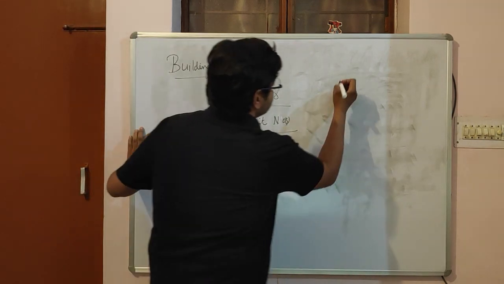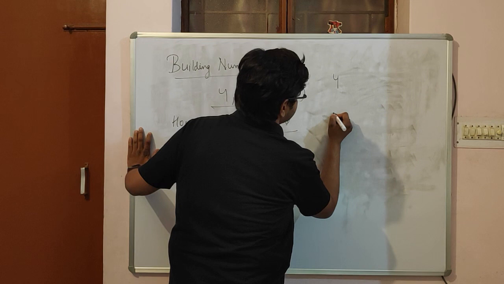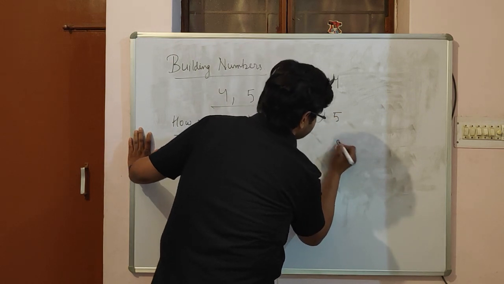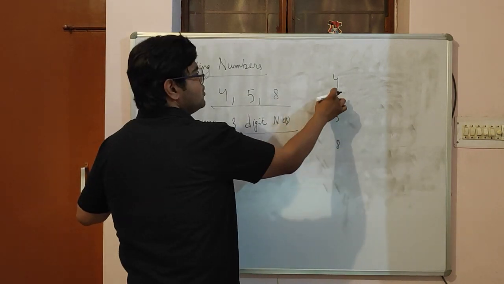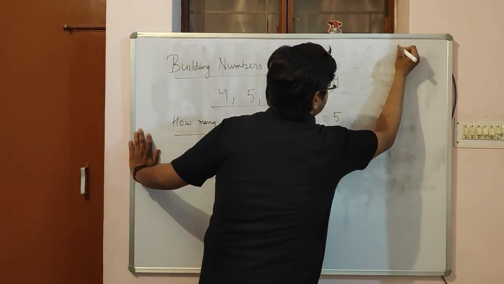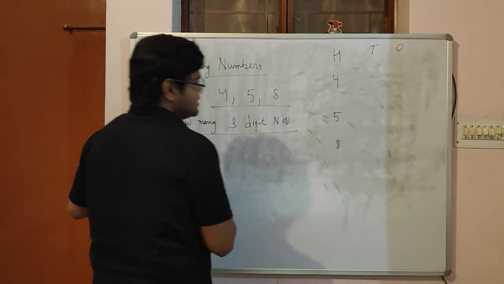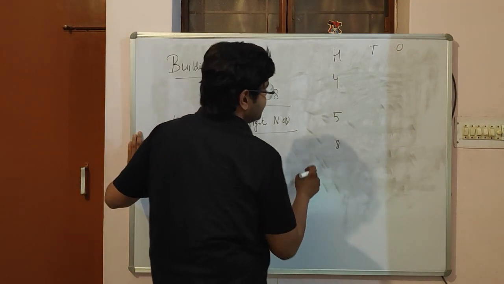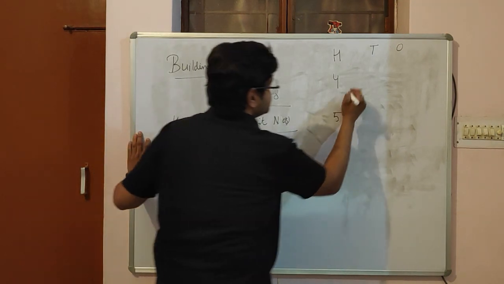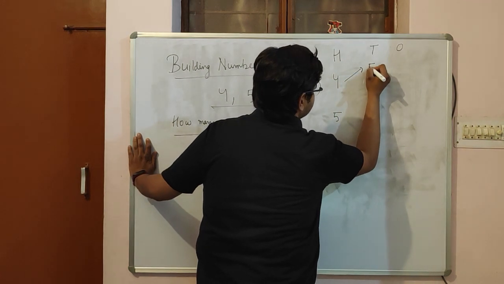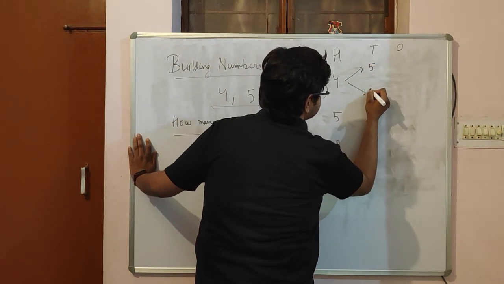So what will we do? We will write 4, 5, 8. Now 4 is fixed at the hundreds place. Now how many digits are we left with? 5 and 8. So what can we write here? 5, 8.